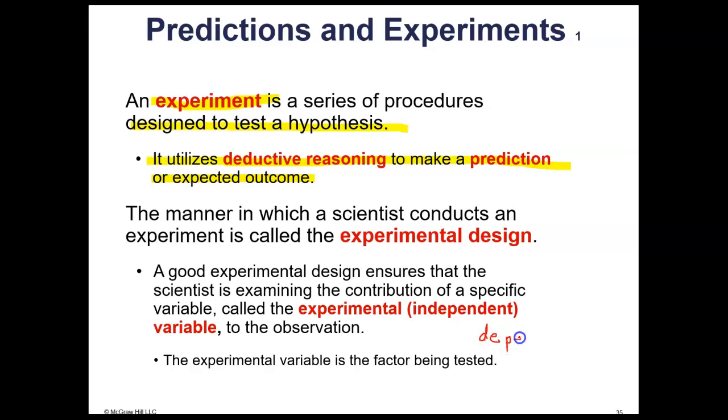The dependent variable in this case is going to be growth of bacteria. So in all experiments that we look at, that we read about, that we do in lab, we're going to probably go over which variable is the independent and which variable is the dependent. So once again, independent is the variable that you are testing, and the dependent is the variable you are measuring.